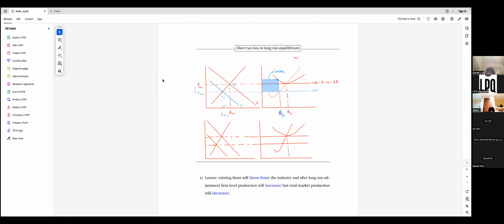So this time the answer is some firms will leave the industry, right? So this time I shift my supply curve to the left.